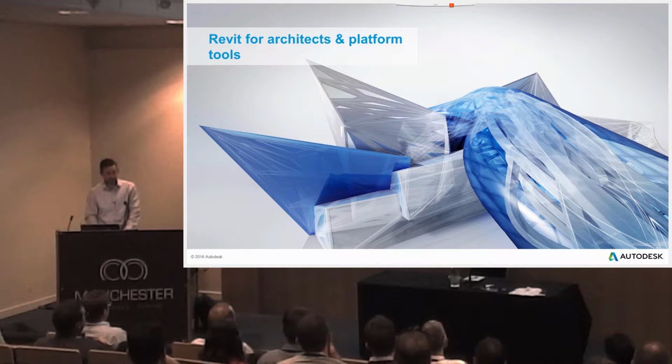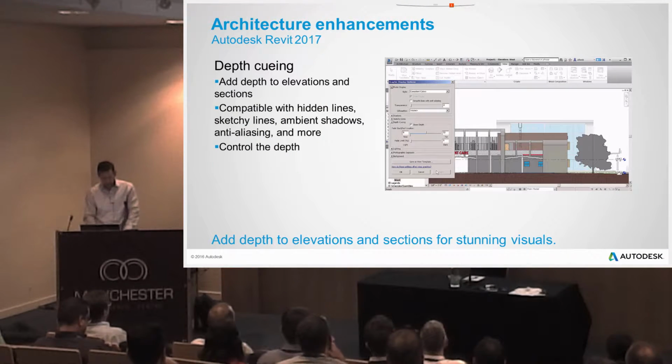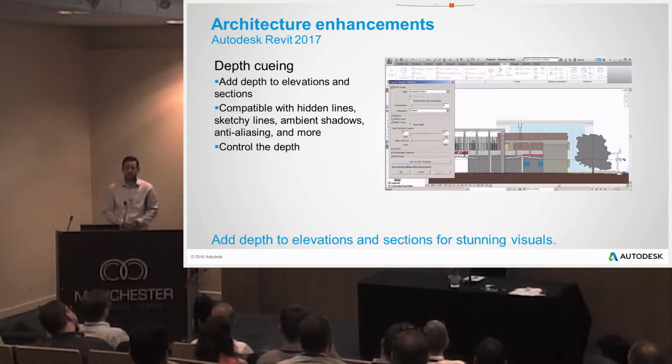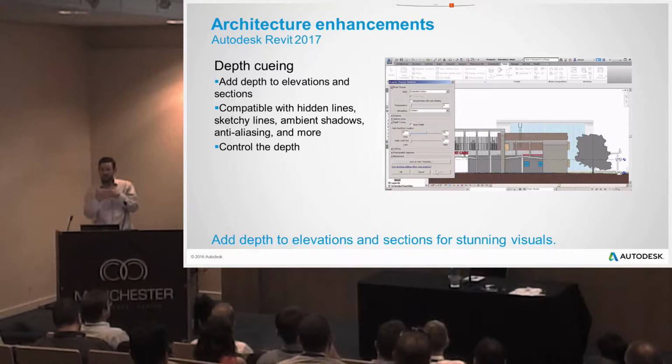So we'll start off with the architects. They've introduced depth queuing. Can we have a show of hands, anybody see my problem session, I think last time, with regards to how to do depths in your elevation?